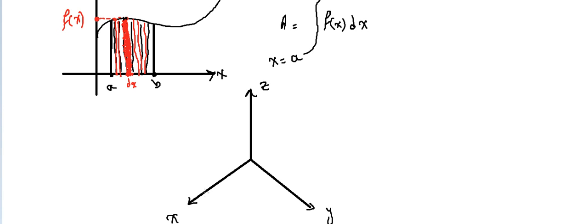Suppose I have a certain cube or solid shape in three dimensions, right? This point is 0, this point is a, and this point is b. Let me draw in red.